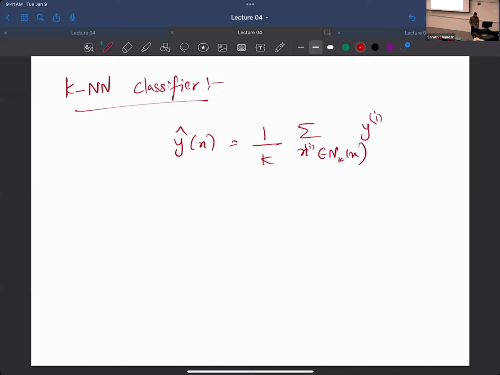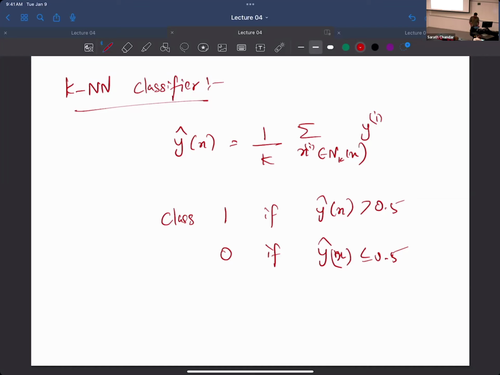The output is class 1 if y hat of x is greater than 0.5, and class 0 if y hat of x is less than or equal to 0.5. Is that clear? Any question?